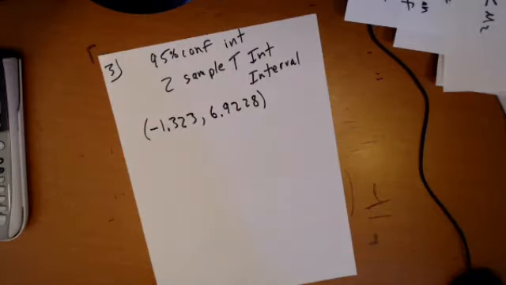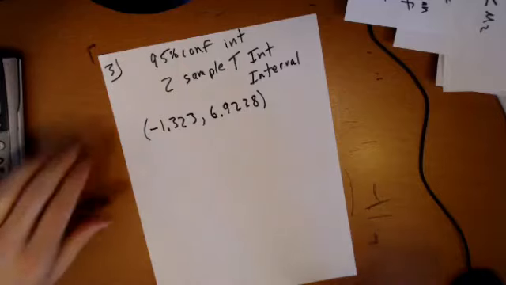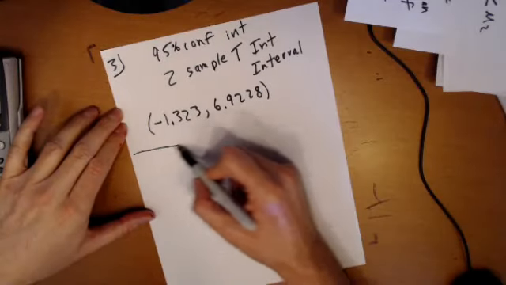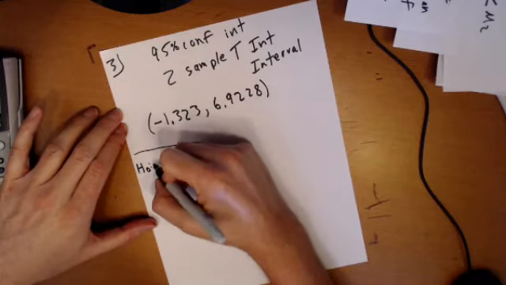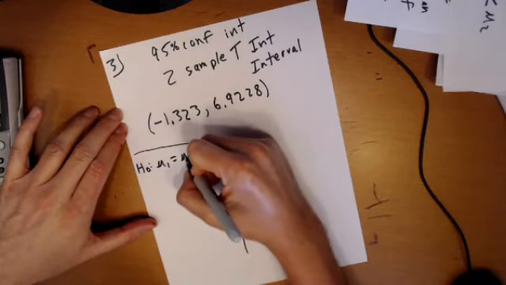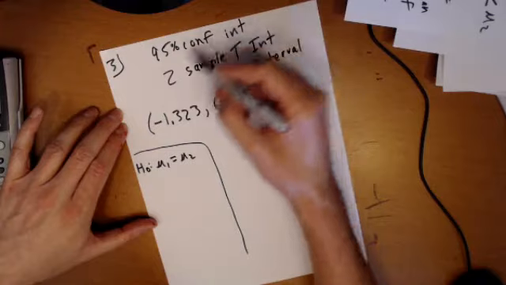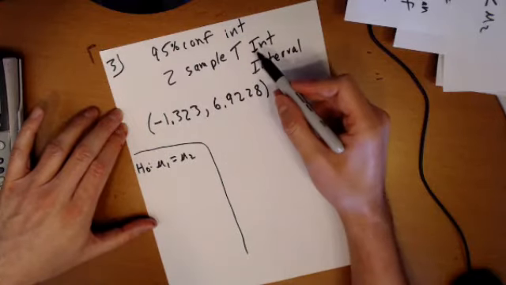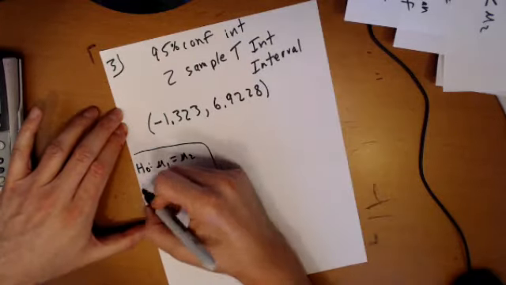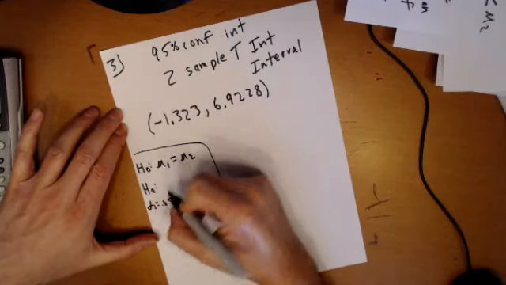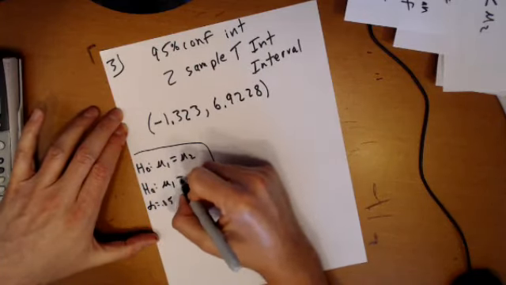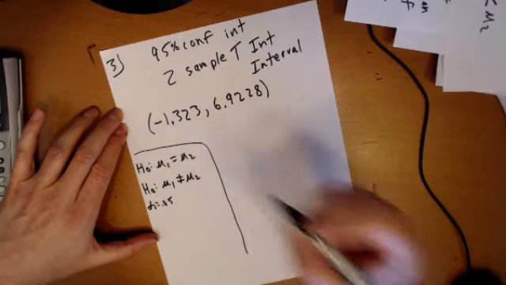Now, okay, we've done this before. Now, no one asks us this exactly, but remember the null is that the means are the same. And a 95% confidence interval is the same as a two-tail test with alpha 0.05. Two-tail test, not equal.